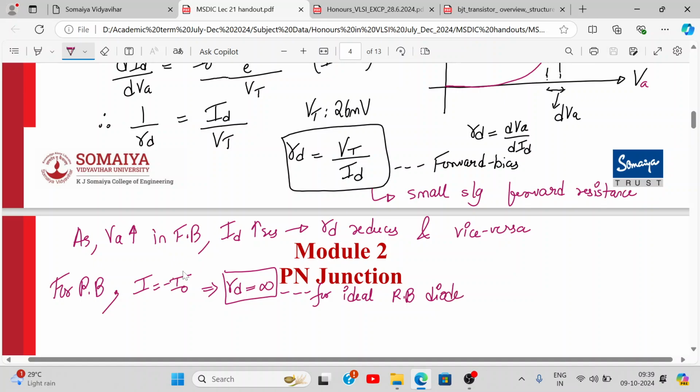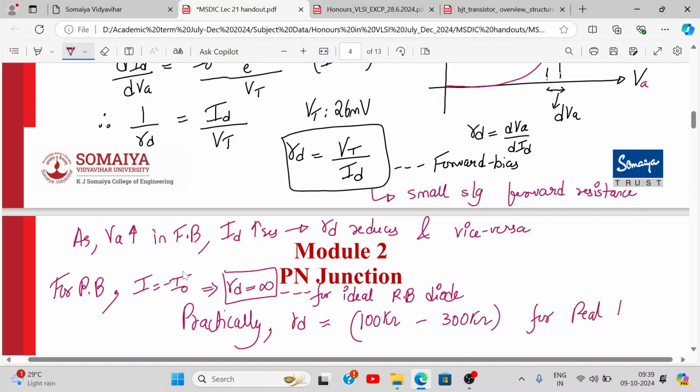Practically, it's a very large value in reverse bias. In real diodes, RD is in the range of a few hundred kilo ohms to 300 kilo ohms, for real diodes which we practically use.